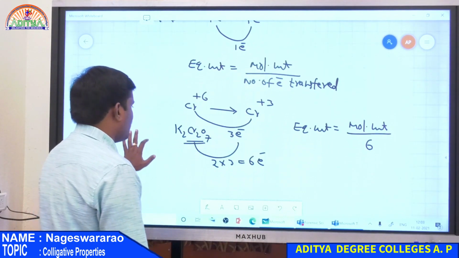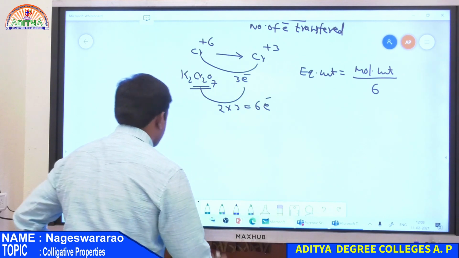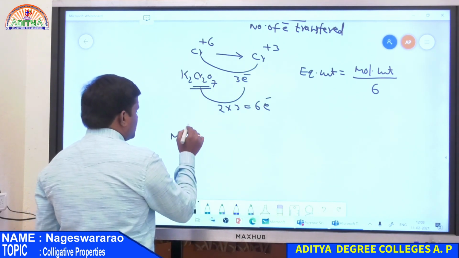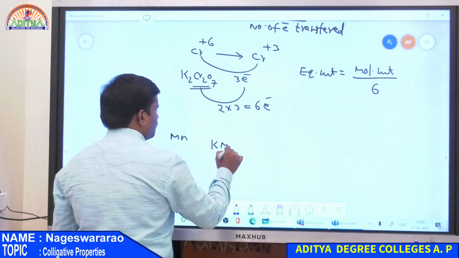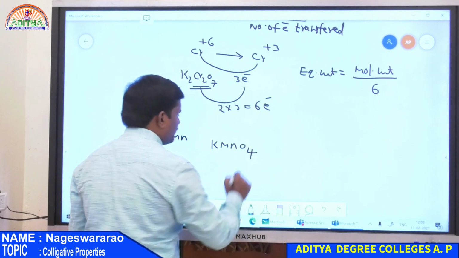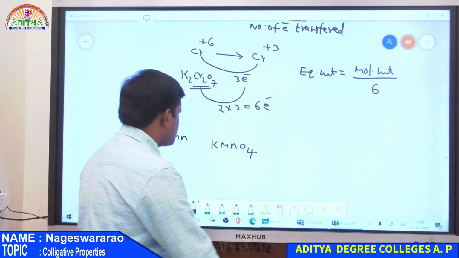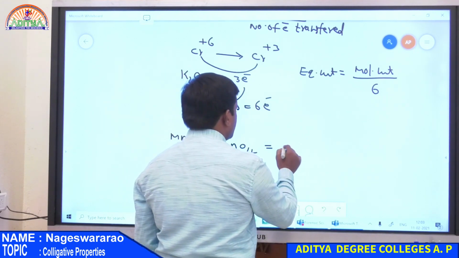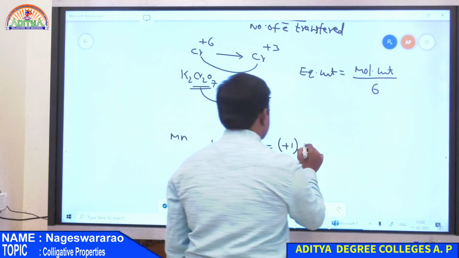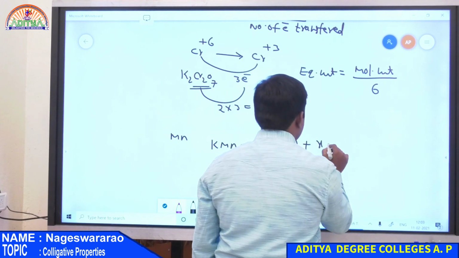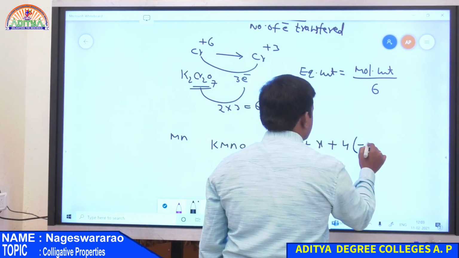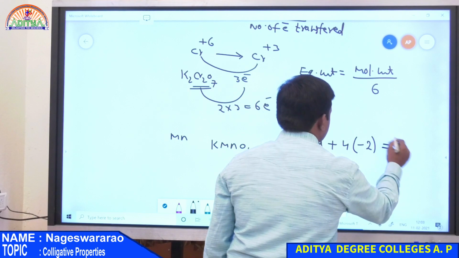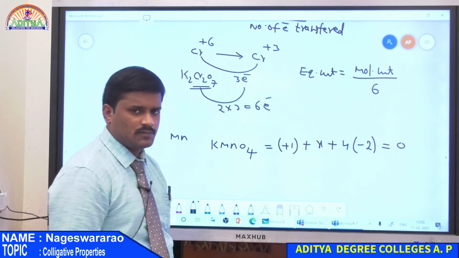Similarly, if our given metal is manganese, take KMnO4, potassium permanganate. In this, calculate the oxidation state of manganese. For potassium it is +1, for manganese it is x, and 4 into each oxygen having -2 charge, and the total value is 0.